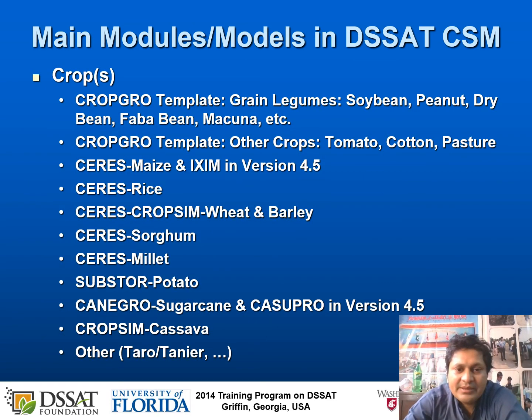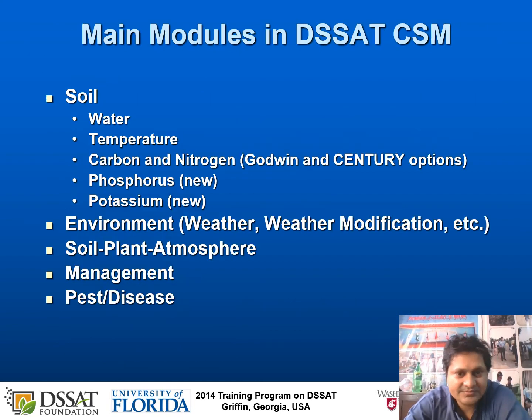These are the main modules in the DSSAT cropping system model, like crops. In the crops, there is the CROPGRO template for grain legumes: soybean, peanut, bean, faba bean, and mucuna. The CROPGRO template is also used for others like tomato, cotton, and pasture, and CERES maize, CERES wheat, CERES rice, and CERES barley, CERES sorghum, CERES millet, SUBSTOR potato, CANEGRO for sugarcane, and GASGROW in version 4.5, and the cropping system model for cassava and many others.